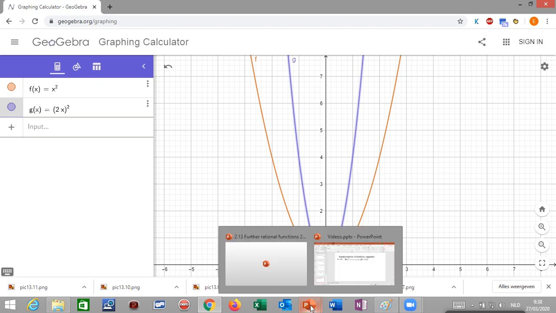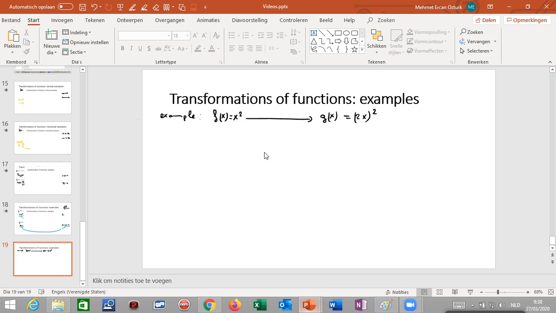So the relationship between those two functions will become a compression in the horizontal direction with a factor 2.